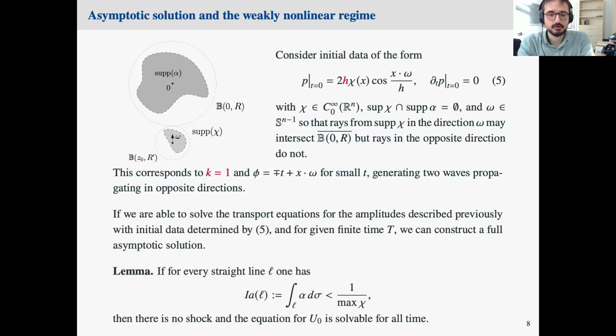And it turns out that you can actually write a fairly straightforward condition that tells you that if your initial data has a small enough maximum, then you can guarantee that basically you're not going to develop a shock.